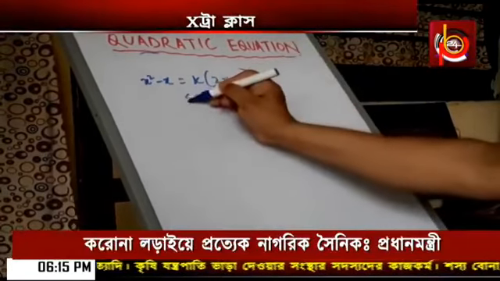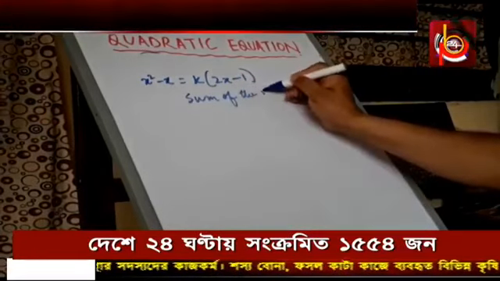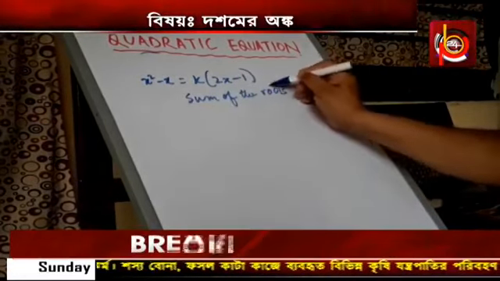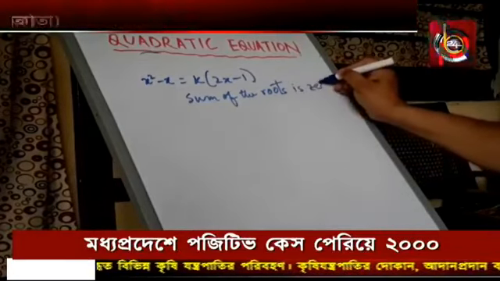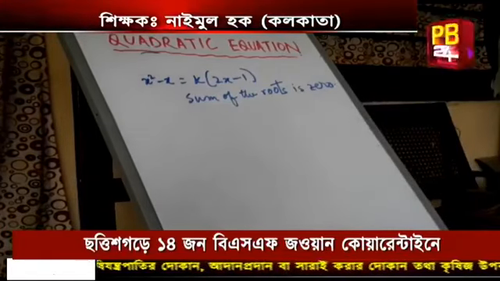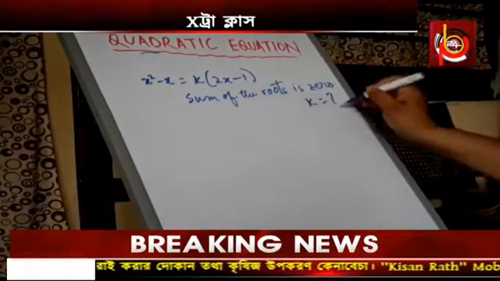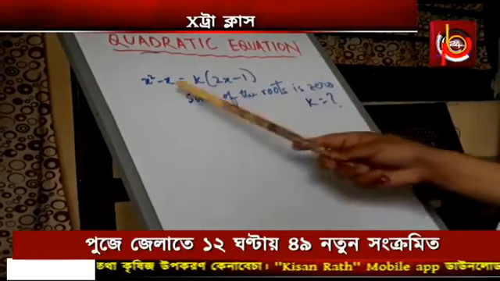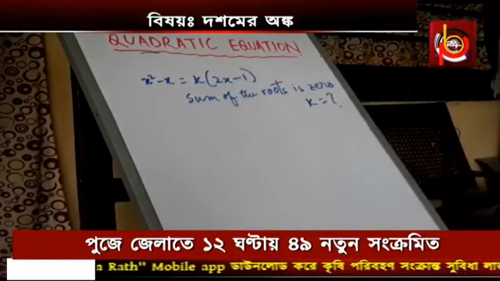Here the sum of the roots is 0. Then what is k? We have to find the value of k.